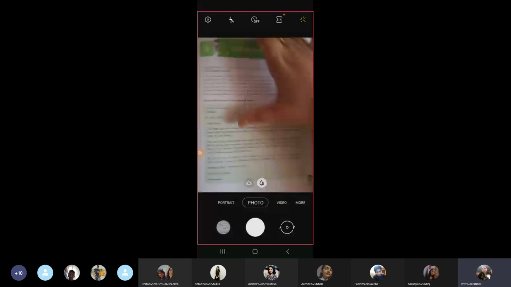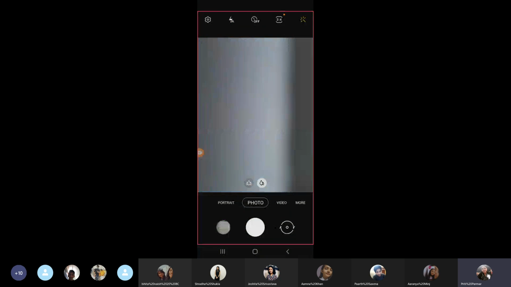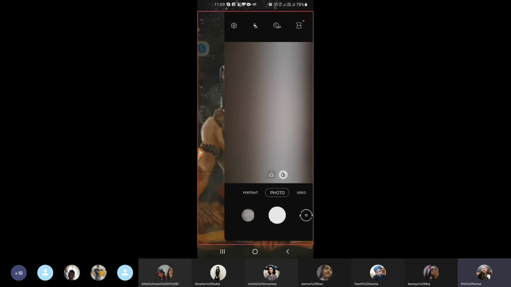So this is the picture of the first page. You will write the example in your copies. After that, please take down one question.